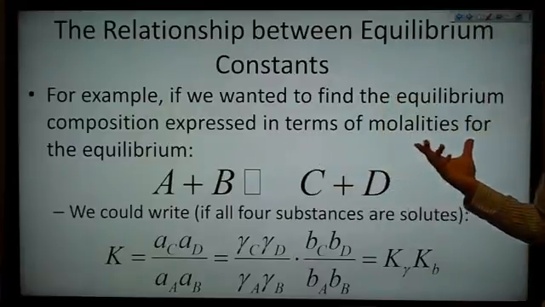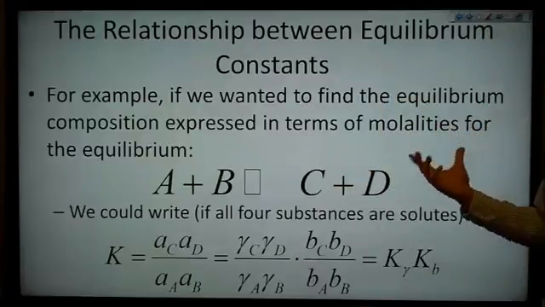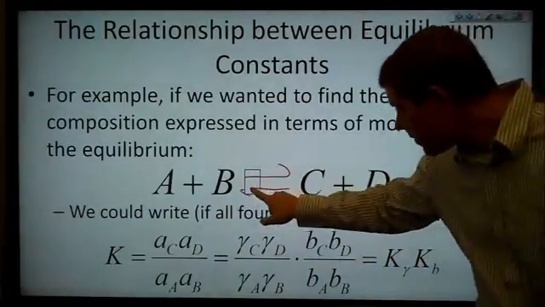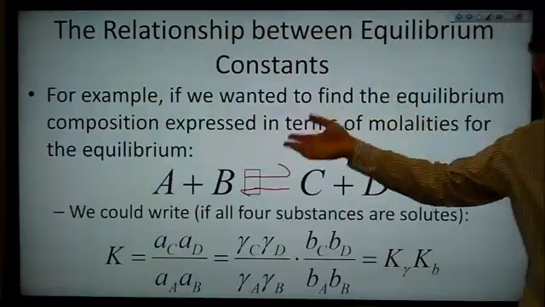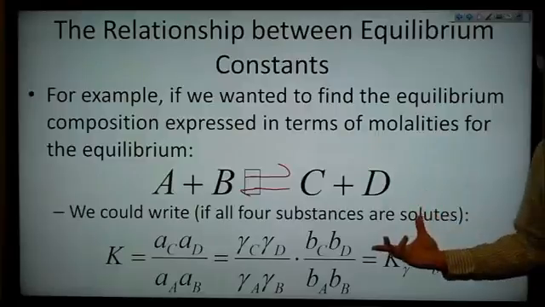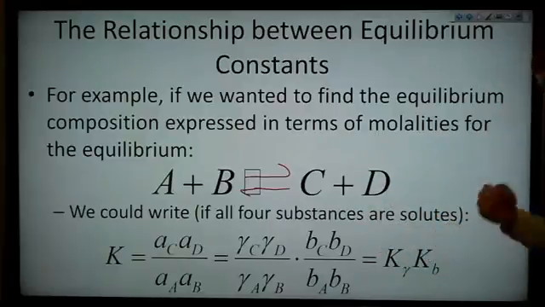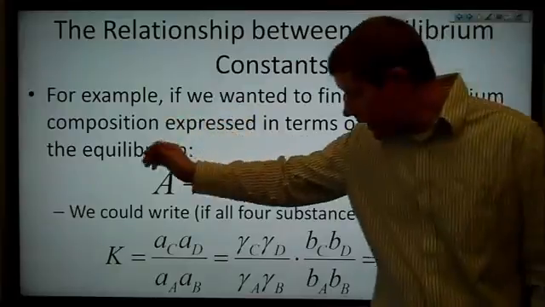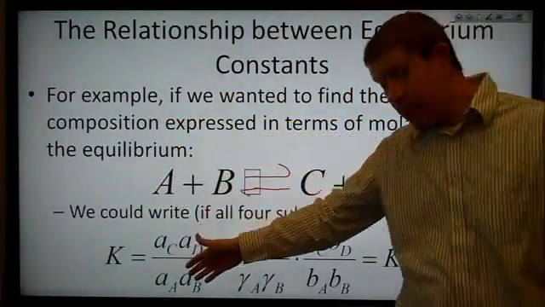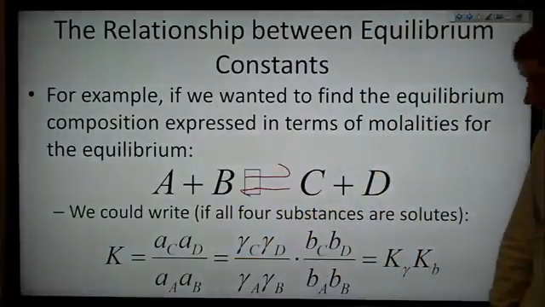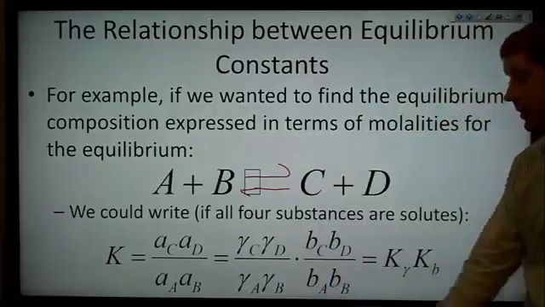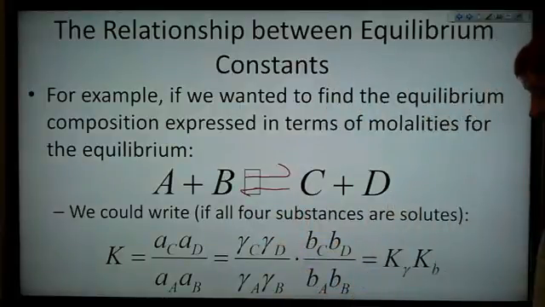So if now we want to find our equilibrium composition expressed in terms of molalities for an equilibrium, again, this box is supposed to have a double-headed arrow there. So if we have A plus B reacting to give us C plus D, as long as all four of our substances here are solutes, we can then write that K is equal to the activity of C times the activity of D divided by the activity of A times the activity of B, which now we can separate out, and we can write the ratio between the molalities and the ratio between the activity coefficients.